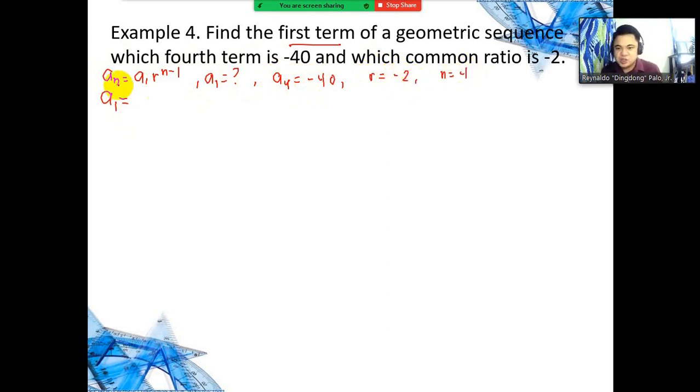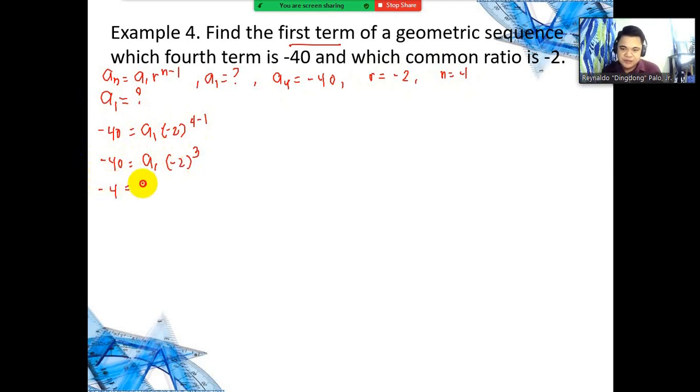Now, let us substitute to the formula. a sub 1 is unknown, therefore we will solve it. Your a sub n, or the last term, is negative 40 equals your a sub 1, which is unknown, times your common ratio, negative 2, raised to the power of 4 minus 1. So let us simplify this. Negative 40 equals a sub 1 times negative 2 raised to the power of 3, or cube.